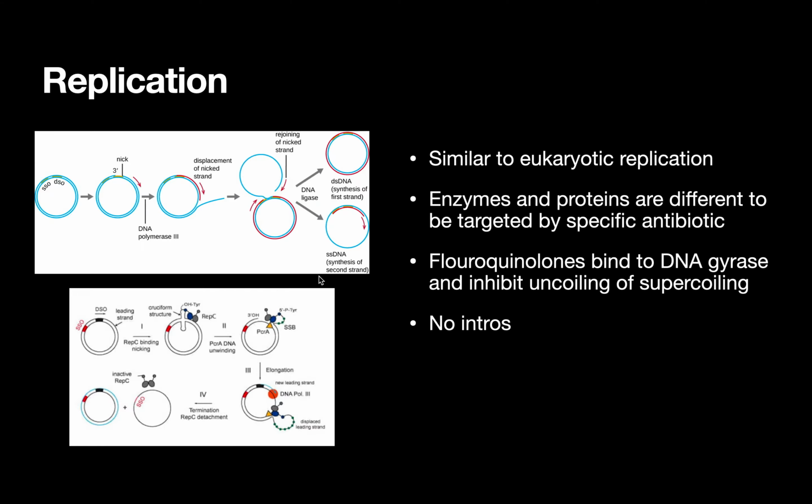So the synthesis of the second strand requires other enzymes that aren't really host enzymes. That's why in replication, bacteria has to code for its own genome. So first, there's the leading strand, and then there's a nicking, and then the DNA will unwind, and then there is elongation of the new leading strand, and that will allow the displacement of this strand right here.